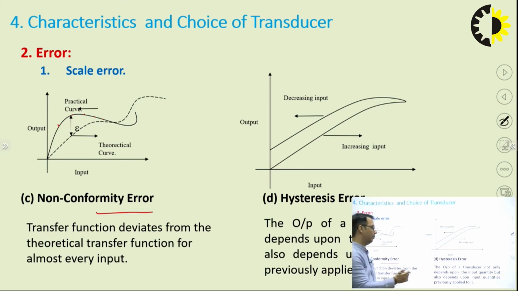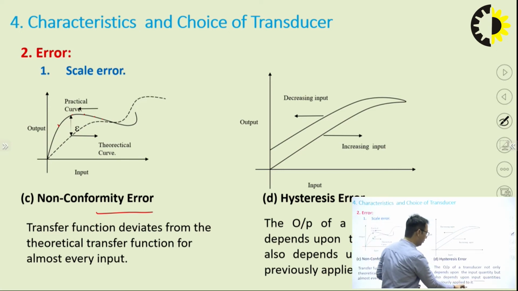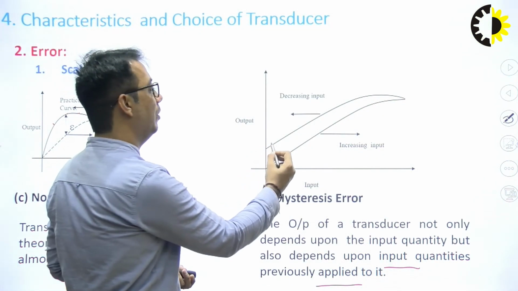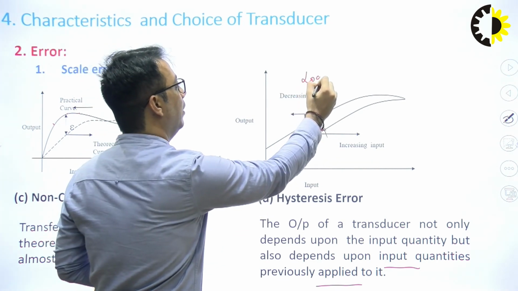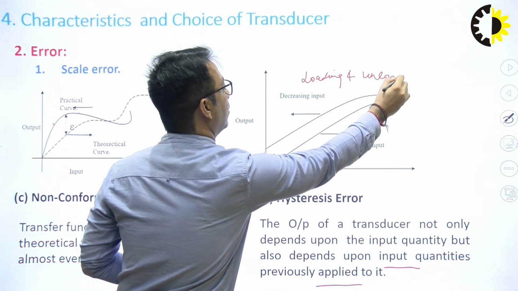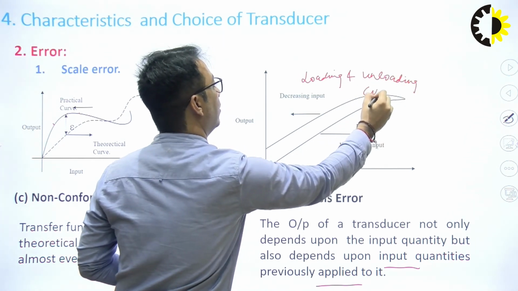It may depend upon the input quantity which was applied previously on the system. Like we draw the hysteresis curve for steel, the magnetization curve of steel, or we can say this is non-superimposition of the loading and unloading curve.